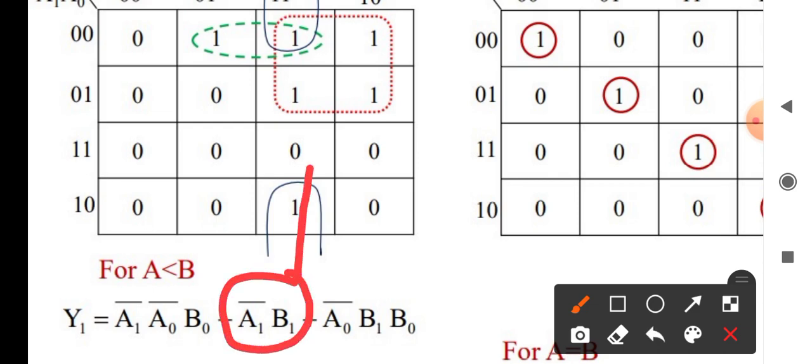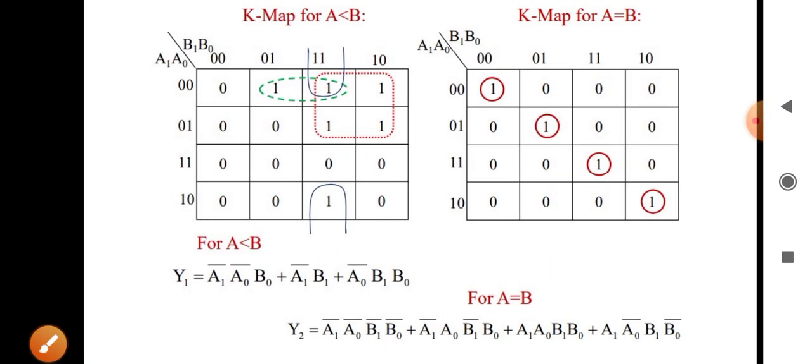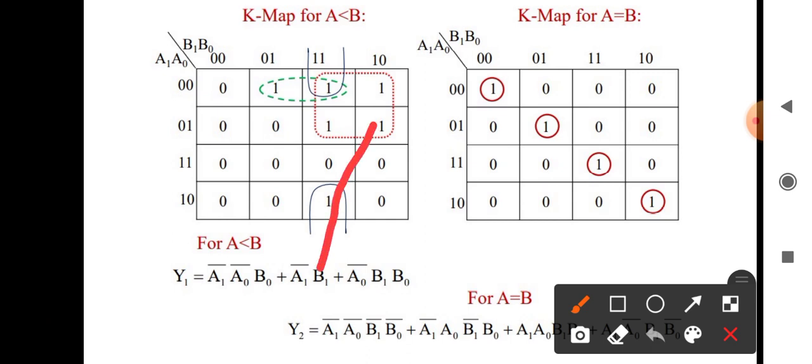So this is the result of this simplification. A1 complement you will be getting through like this. B1, how you got b1? You can see b1 is 1 in both. So then we have written b1. Okay, I hope you understood the simplification.